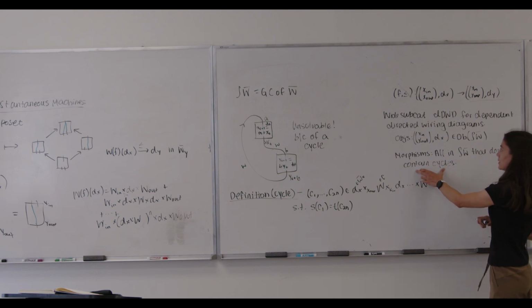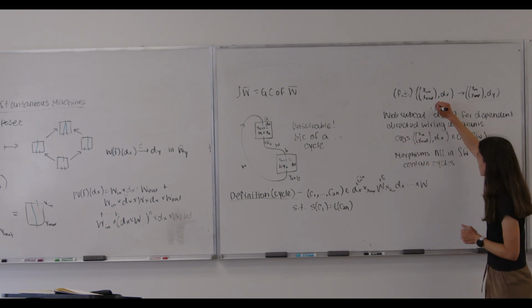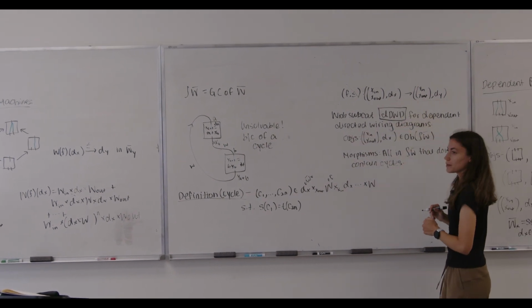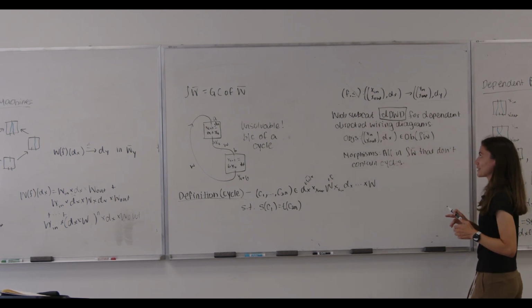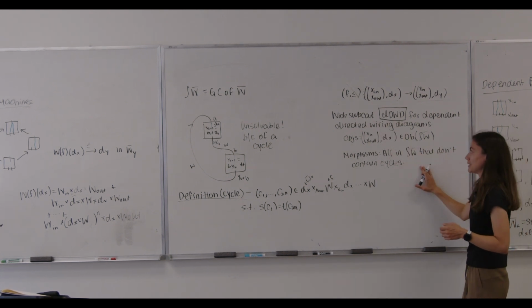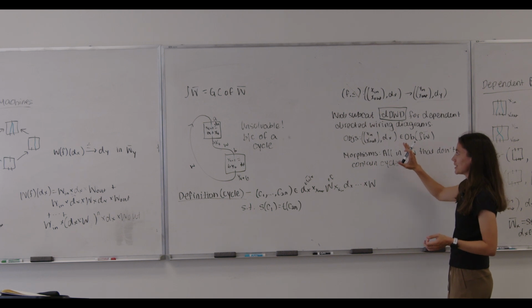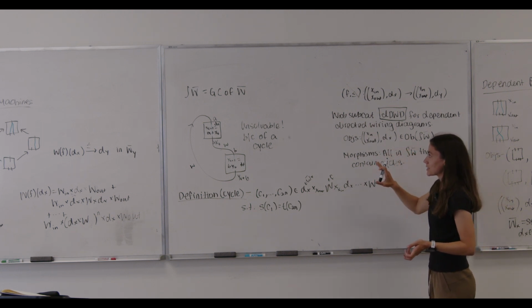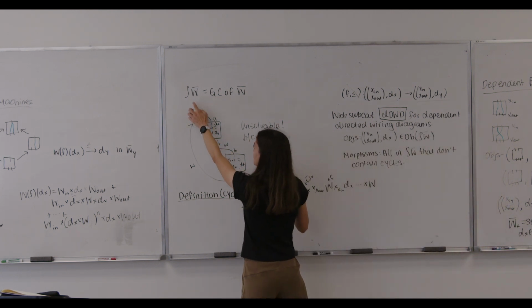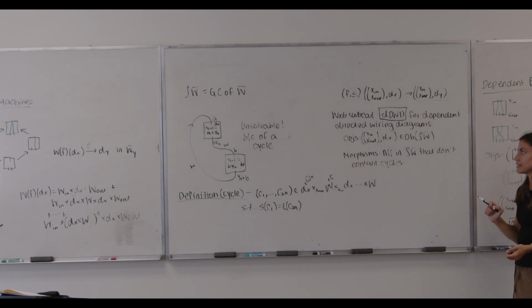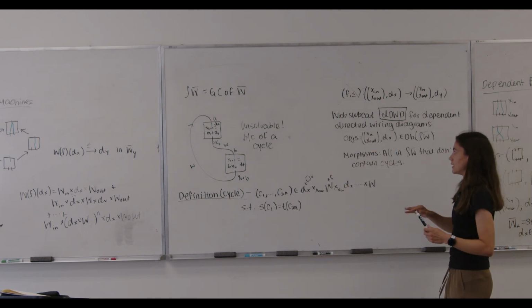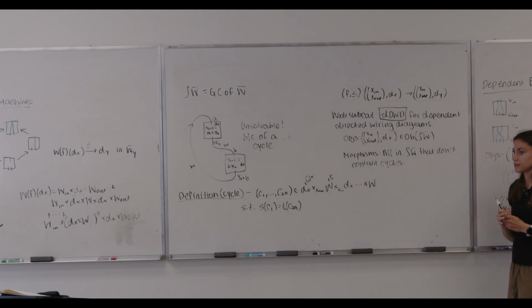Okay, so this is going to be our category D, our operad. This is going to be our operad of dependent directed wiring diagrams, and it's going to be symmetric monoidal because, why is this? We used a paper that showed that if this was a lax monoidal functor, then the category is symmetric monoidal, and this subcategory is going to follow as also being symmetric monoidal.